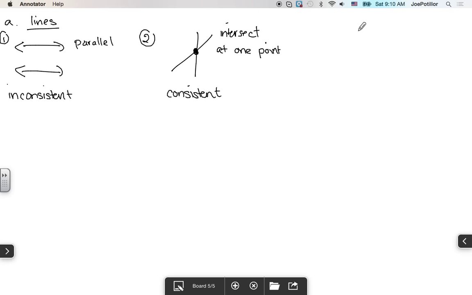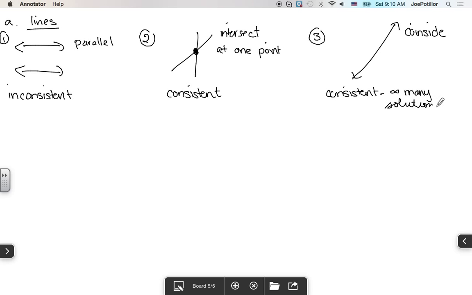Part 3 is, of course, where they coincide. And it is consistent, with infinitely many solutions.